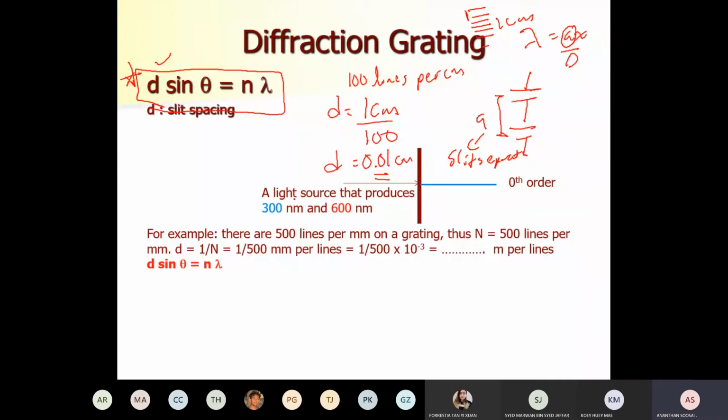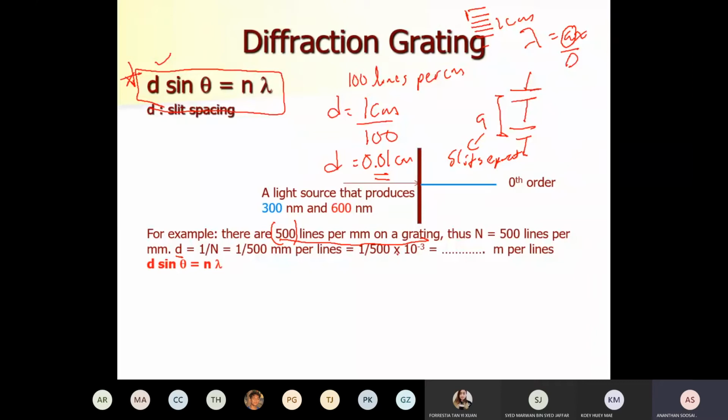For example, in this question, there are 500 lines per millimeter on a grating. So n is 500 lines per millimeter. What is d? d is 1 over n: 1 millimeter divided by 500 lines gives you the spacing per line in millimeters.